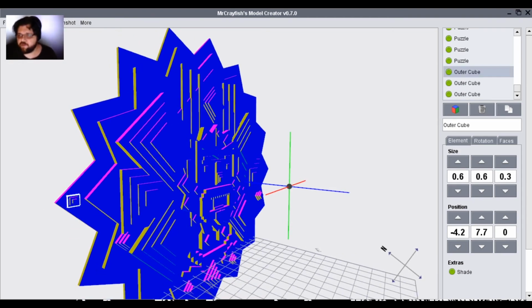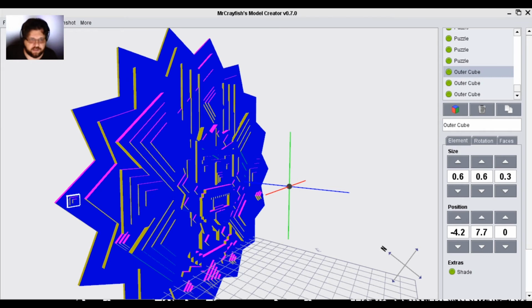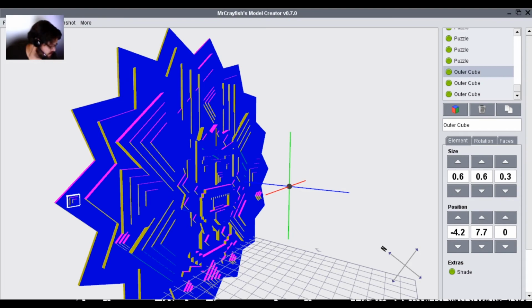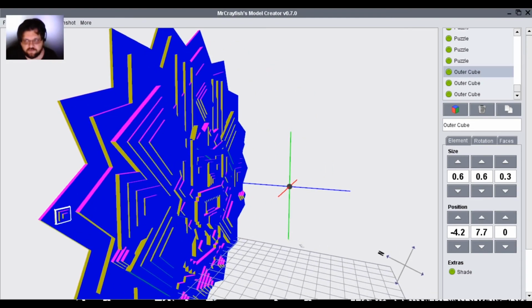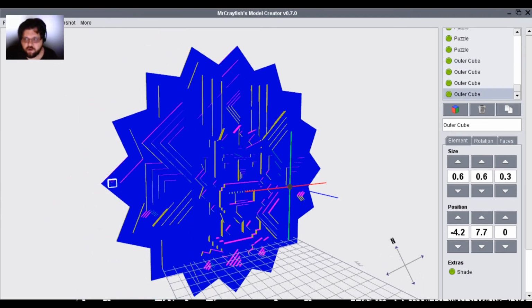Can I copy all three? Can I group these? Grouping would be nice. I'm not seeing any method to group. And I did just click a lot, so let's save in case that clicking a lot overloads it. Okay, let's pop you.